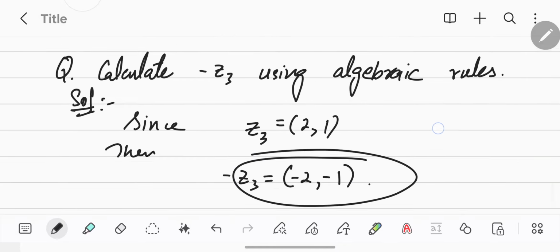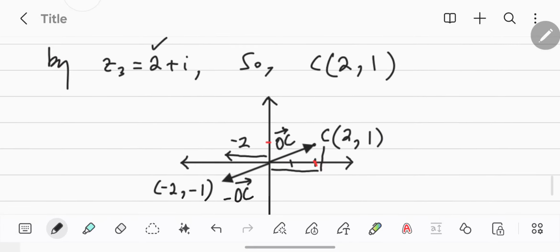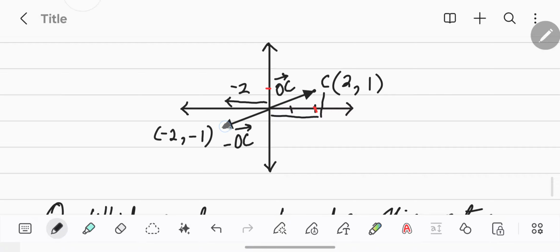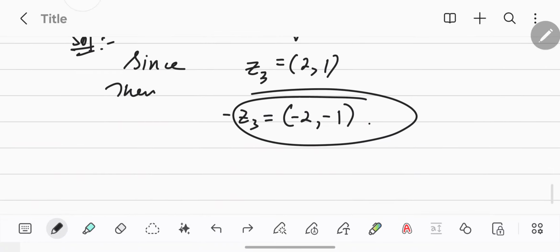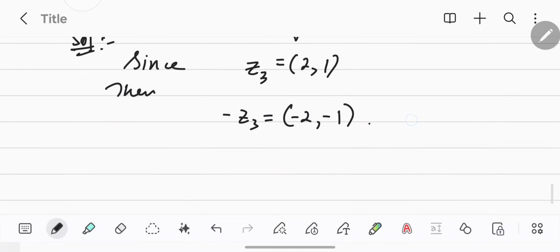You can check this -2, -1 is the same as what we got from the graph. So this is the intuition. How can you flip a vector and how can you add two vectors? See you in the next video.